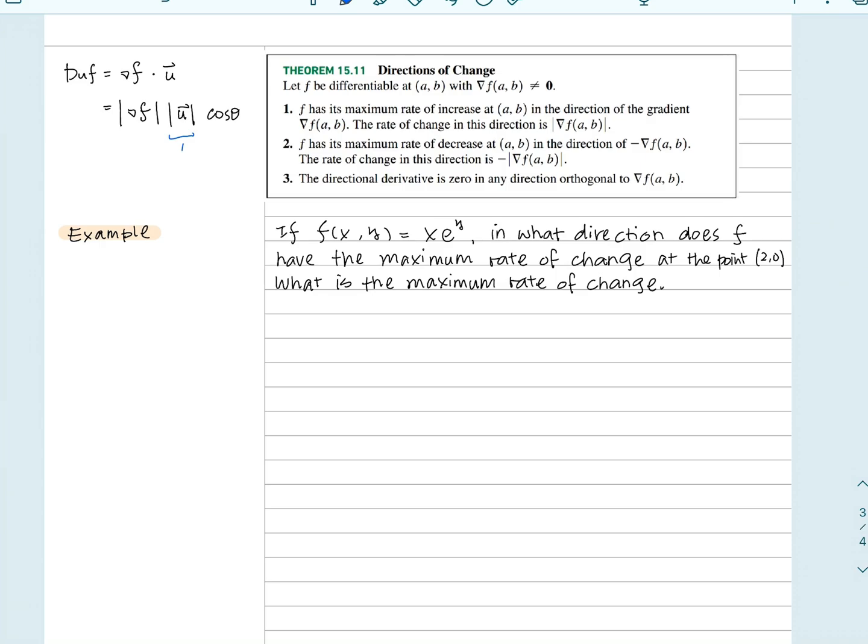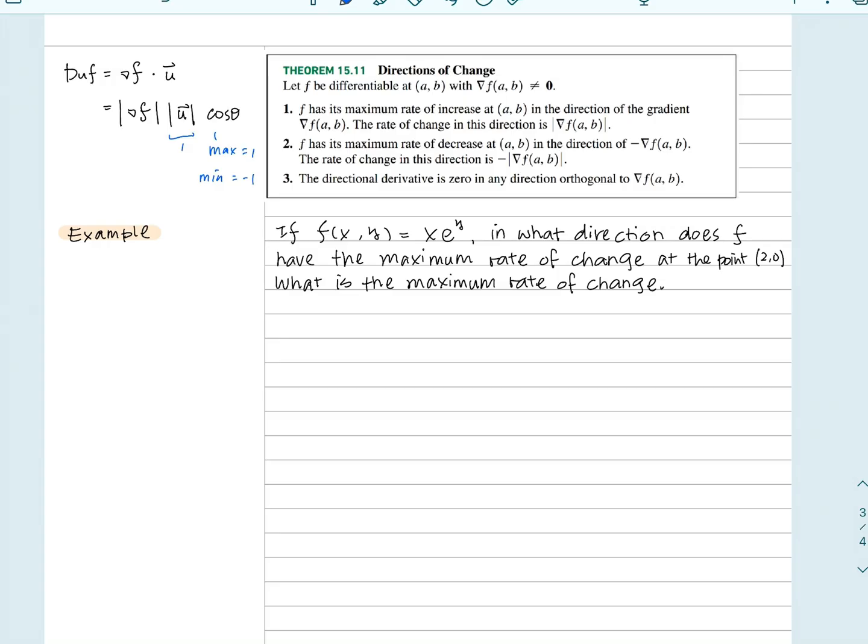All right, when cosine is 1, because the maximum value is 1, and the minimum value is negative 1. Cosine is between negative 1 and 1. So 1 is cosine theta 1. That's when theta is 0.